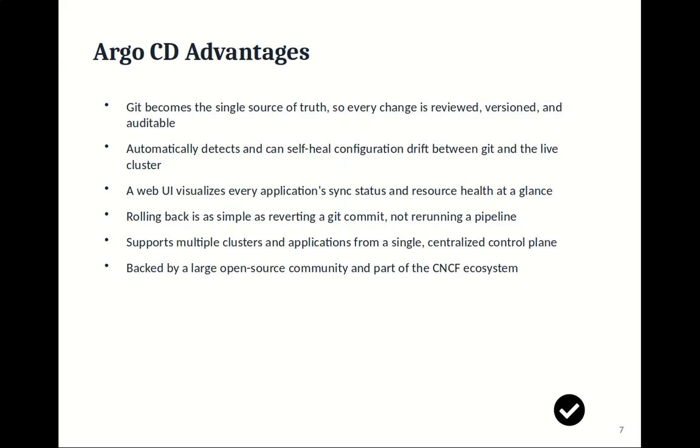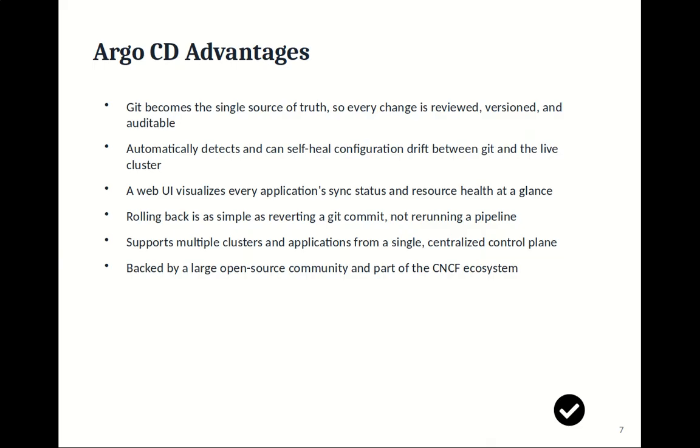ArgoCD advantages. Git becomes the single source of truth, so every change is reviewed, versioned, and auditable. Automatically detects and can self-heal configuration drift between Git and the live cluster. A web UI visualizes every application's sync status and resource health at a glance.